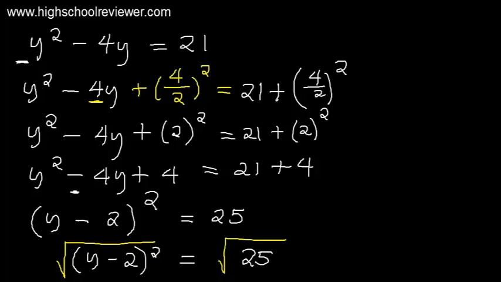Okay. So the square root of the quantity y minus 2 raised to the power of 2, that is equal to the quantity of y minus 2. And the square root of 25 will be plus minus 5.